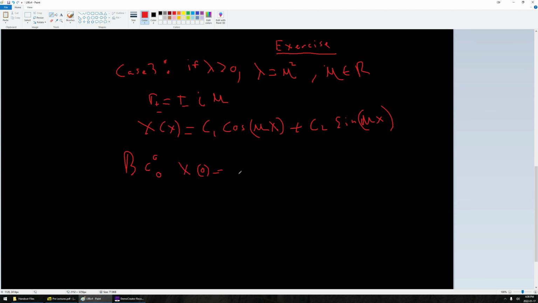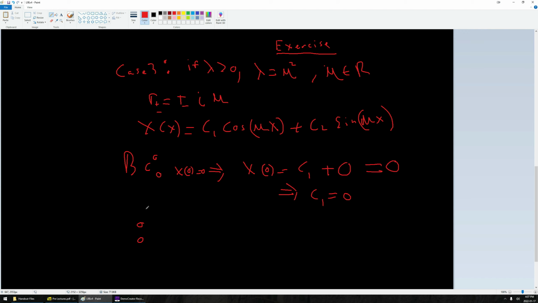For the first one, I take X of 0. If I plug in 0, the cosine term goes to 1, so I get c1, plus a term of 0 here. That needs to be 0 because of the boundary conditions. So this directly implies that c1 has to be 0. Now I have one more boundary condition to apply.